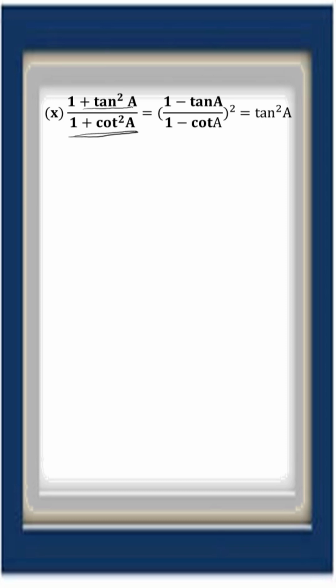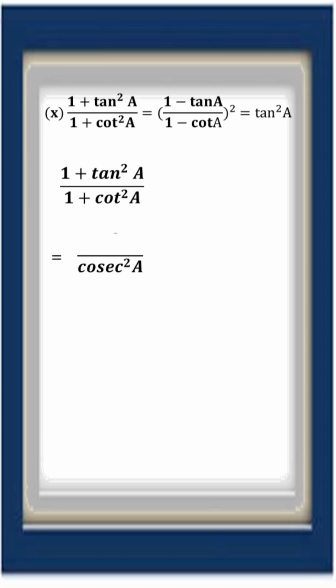This is also a Pythagorean identity. So now let us take this part. What is it? 1 plus tan square A upon 1 plus cot square A. Since both numerator and denominator are Pythagorean identities, let us write like this. The denominator 1 plus cot square A is equal to cosecant square A. The numerator 1 plus tan square A is equal to secant square A.